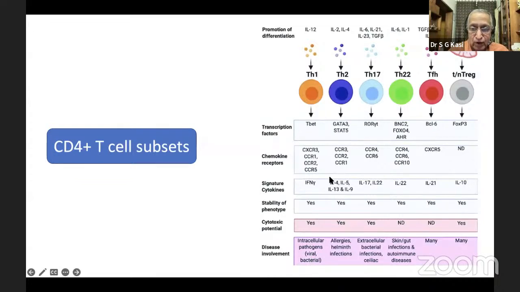TH2 predominantly produce IL-4, and they're mainly concerned with allergic immune response, helminthic infection, and some extracellular organisms. TH17 is something that has gained a lot of importance in recent times. The signature cytokine is IL-17. It mainly deals with extracellular organisms which have a mucosal site of entry.